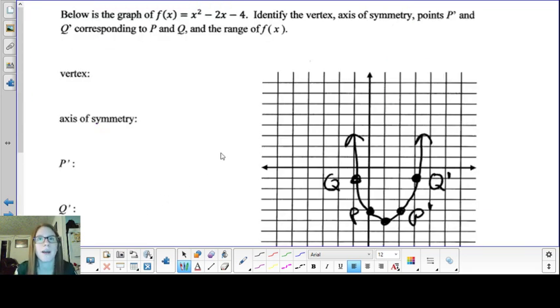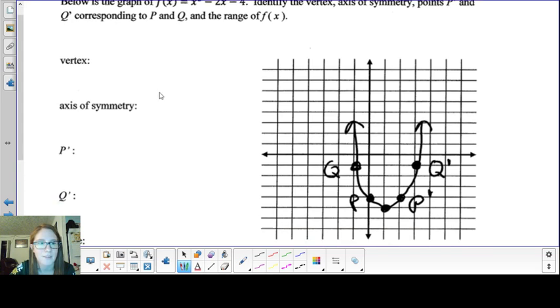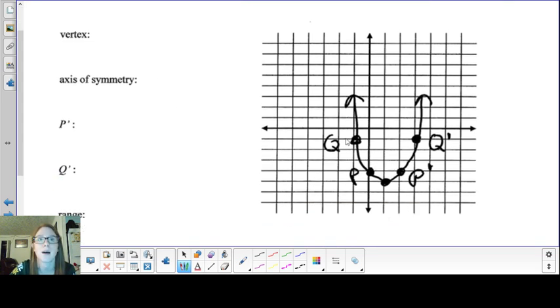So what we're going to do now is identify some pieces of a basic graph. My vertex, now it's already graphed for me. We're going to learn how to graph it in a little bit. My vertex is going to be the bottom or topmost point. In this case, since I'm opening up, it's a minimum and it's at the bottom.